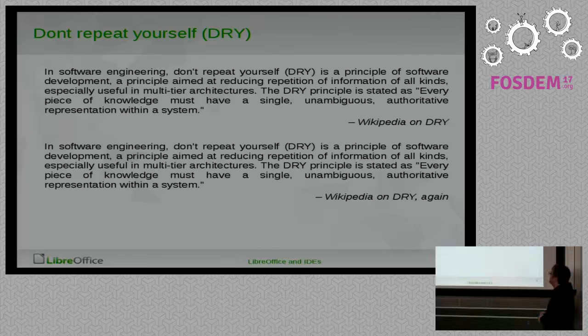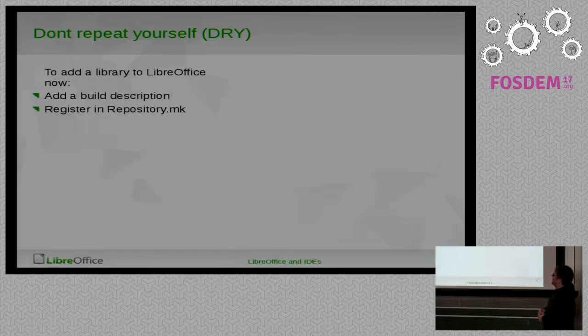For comparison, this is how it is in LibreOffice right now. You register, and if you want to have a new library there, you put it somewhere which says in the repository MK, which essentially says where it should end up in the final build, and well, then you say how to build it. Like, I want to build these C++ files.